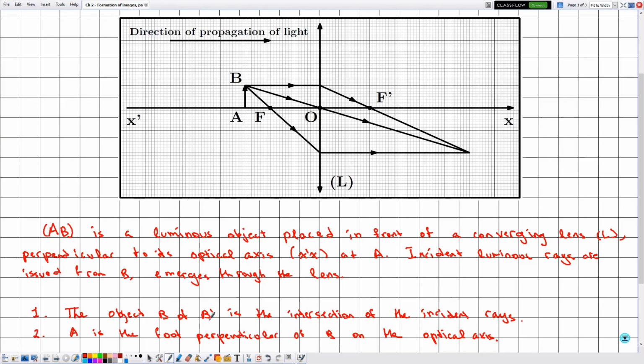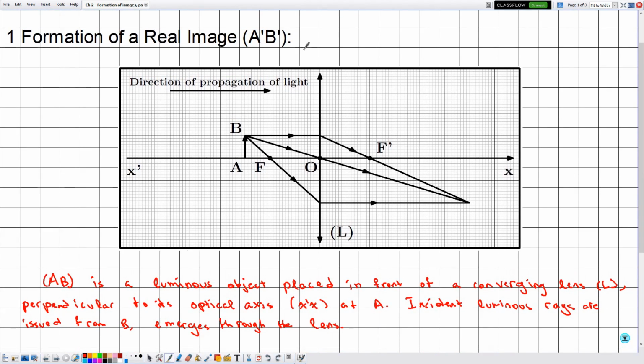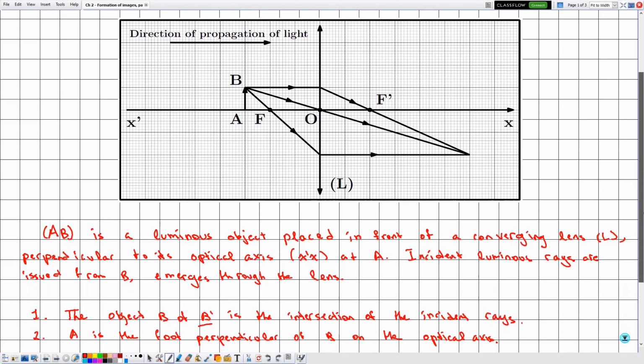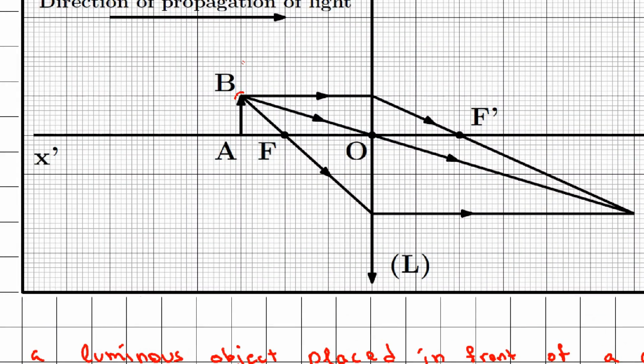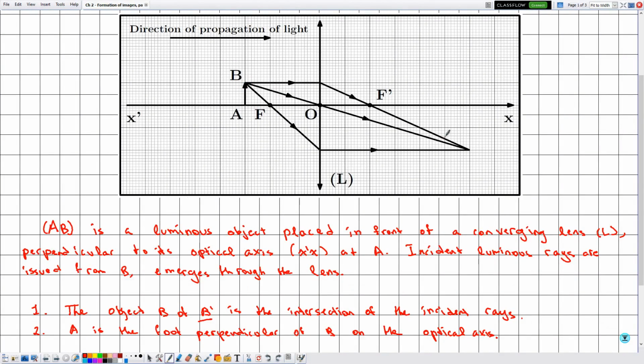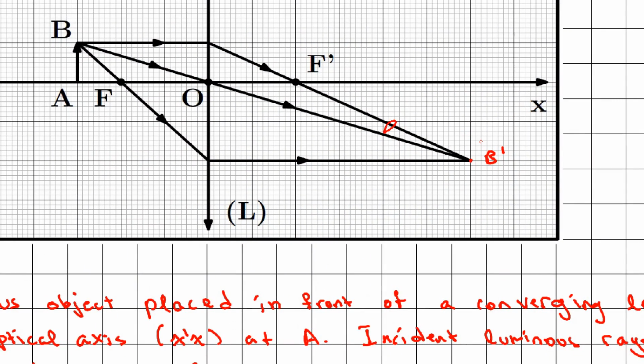Now B prime is the image. Okay. Image of which point? Of the point B. So because the point B represents the intersection of the incident rays, B prime will represent the intersection of the emergent rays. Okay, these are the emergent rays because they are coming out from the lens.